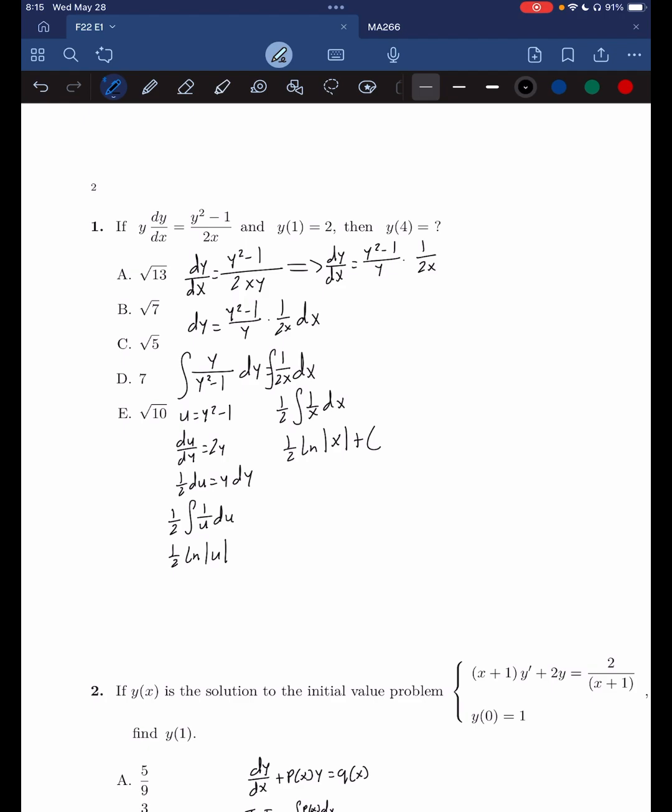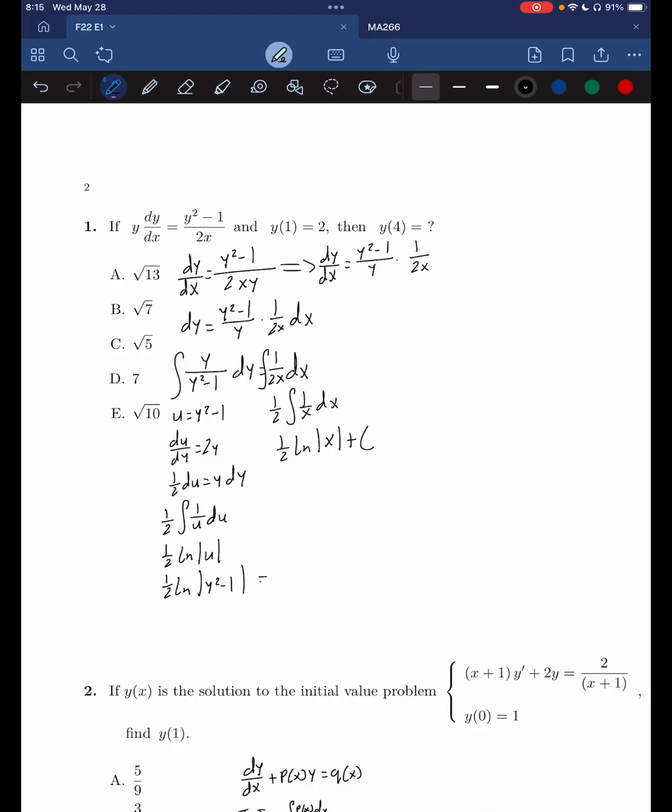Now that we have this, I can set... oh, but keep in mind our u was y squared minus 1, so really this becomes something like this. And now I have these two set equal to each other.